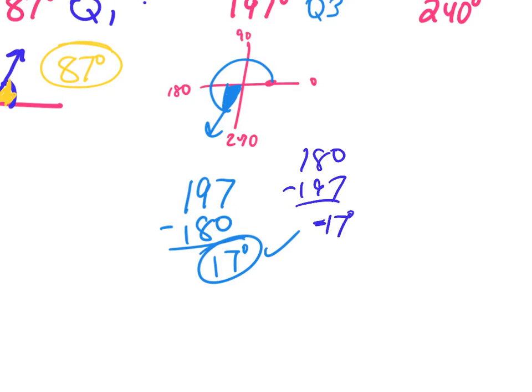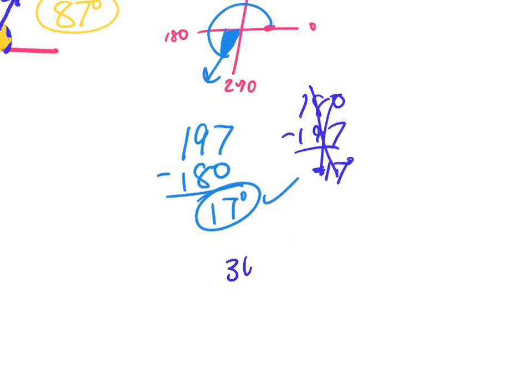They have to be positive and acute, so that doesn't work. What if it should be 360? Well, 360 minus 197 is more than 90, so it's not acute, and that doesn't work. So that's a good way to check yourself. If you can't figure it out, just use the two key points: acute and positive.